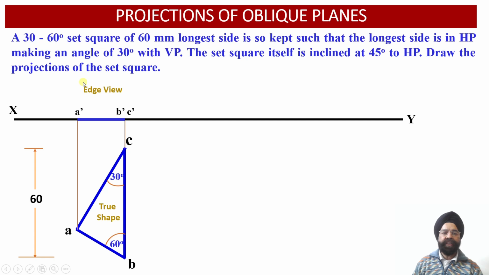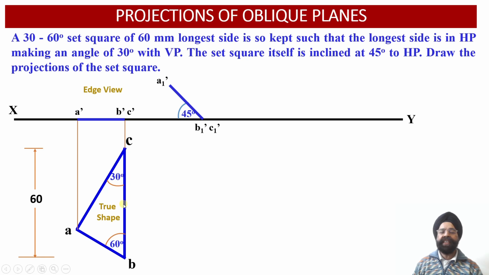Why? Because if we are going to incline this edge view into this orientation, then we will find that the lamina is inclined with respect to the horizontal plane at an angle of 45 degree in such a way that it will be resting on ground on the points B and C, that is corresponding to this edge BC.